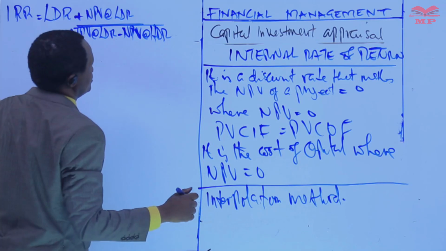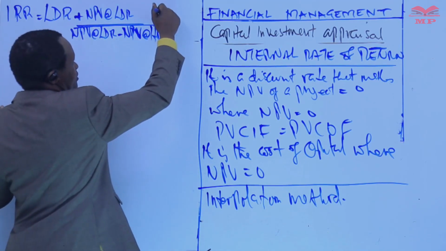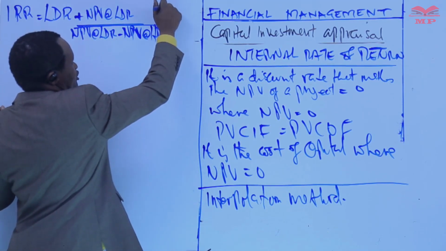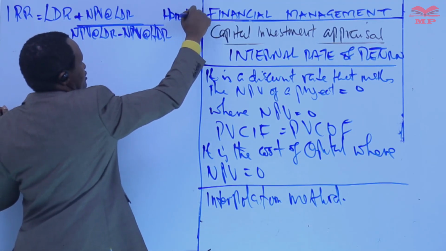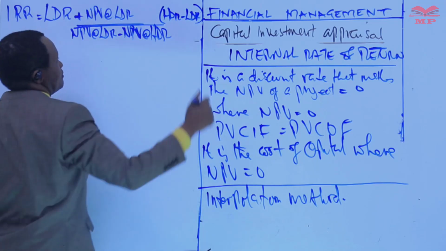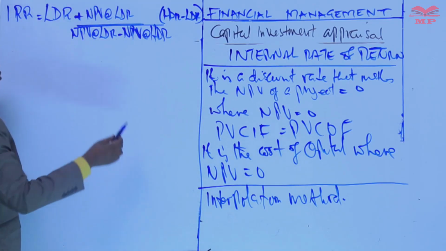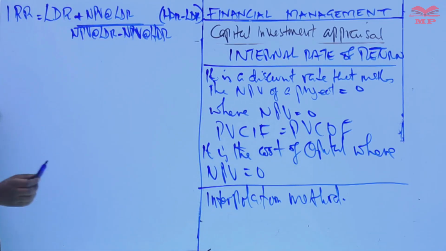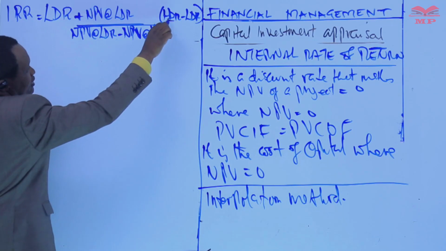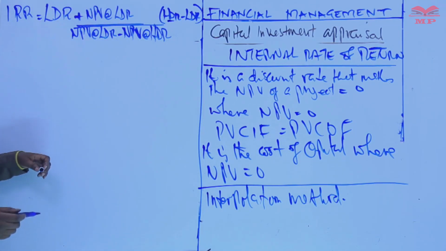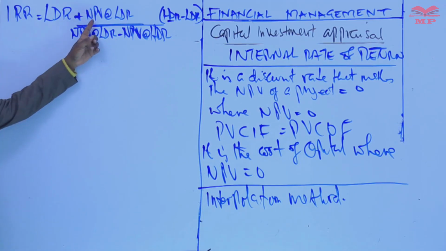This is a fraction. We multiply it with the difference between HDR minus LDR, where LDR is the lower discounting rate, HDR is the higher discounting rate, and NPV is the net present value.